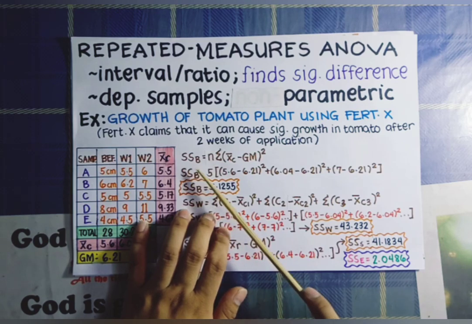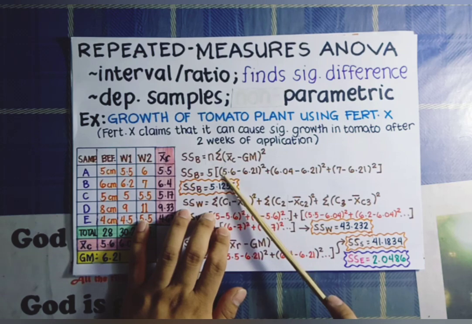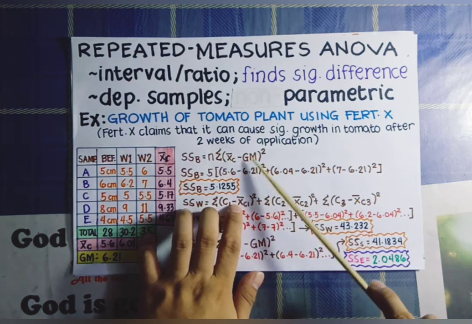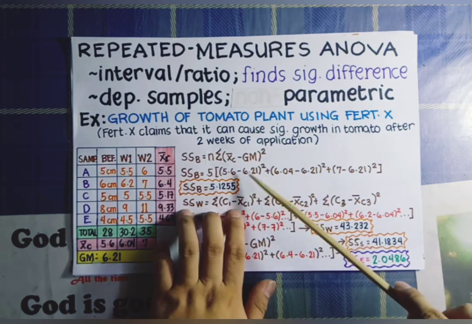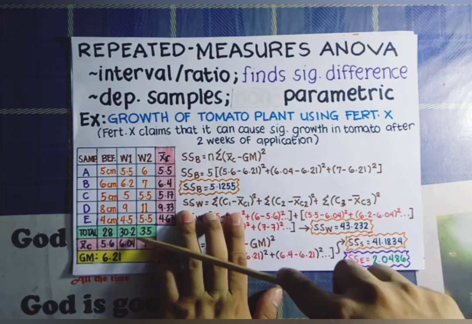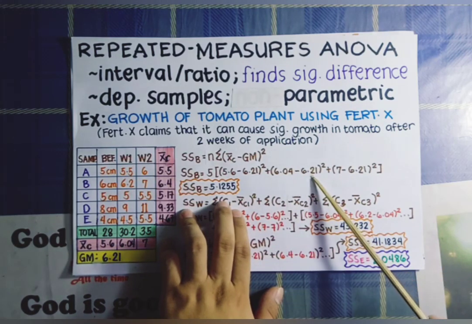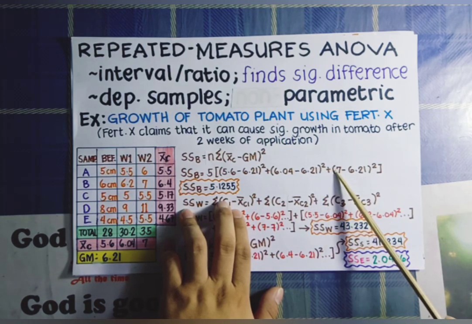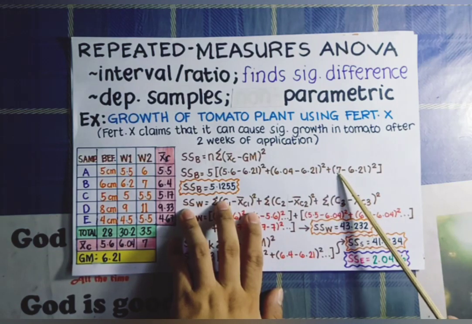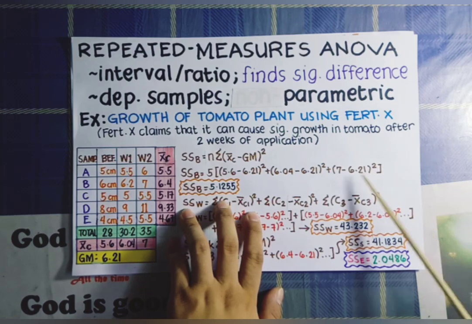of squares between the group, is equal to, again, our sample size is 5, multiplied to, for our first column, we have here the mean of 5.6, minus, again, our grand mean is 6.21 squared, plus for the second column, we have here 6.04, minus 6.21 squared, plus for the third column, we have here the mean of 7, minus 6.21, our grand mean, squared.